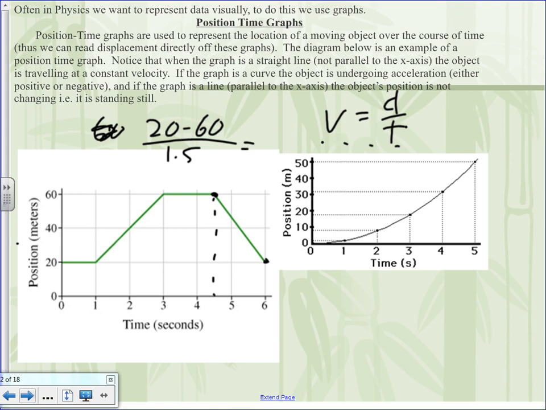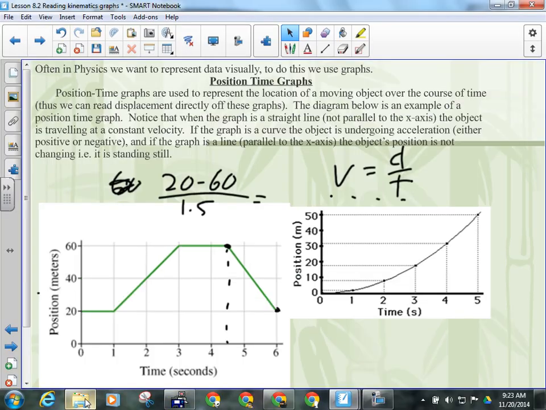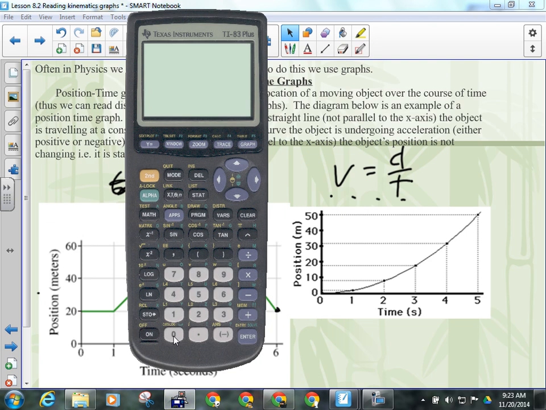All right, so 40 over 1.5 is definitely going to give me a greater number than before. Okay, so yes, we're definitely going faster. Okay, that should be negative 40. I forgot to put the negative on there. Okay, negative 26.7 meters per second. Okay, in other words, it's going backwards. Everybody right with that? Okay.